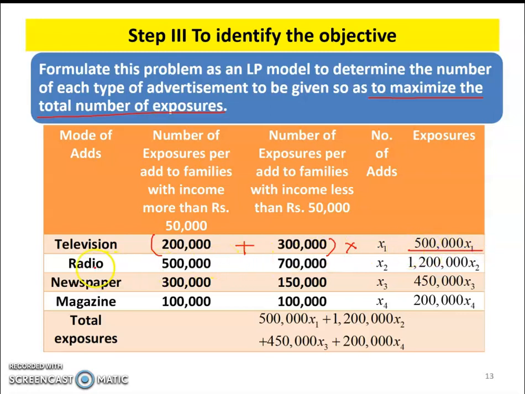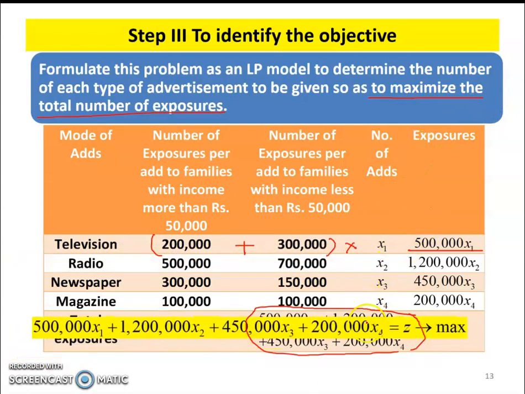Similarly, we can take these for radio and the others. You just add these two columns and multiply with this third column. So this is the total number of exposures with families, and this we have to maximize. So this can be written as an objective function.